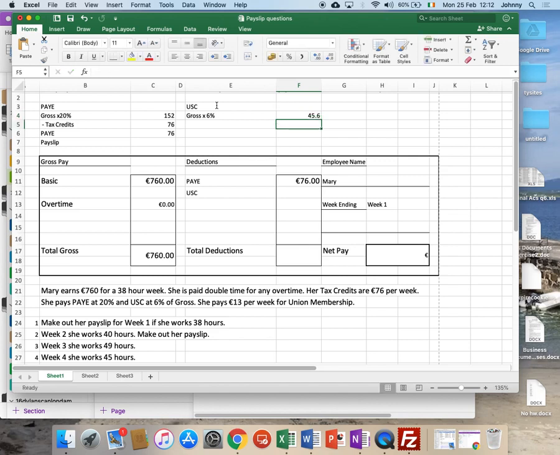Is it okay there? So that's my USC, so I'll put that in here. So the number I calculated above goes in here. And are there any other deductions here? She pays €13 a week for union membership. So I say union membership, €13. So that goes straight in here as a deduction.